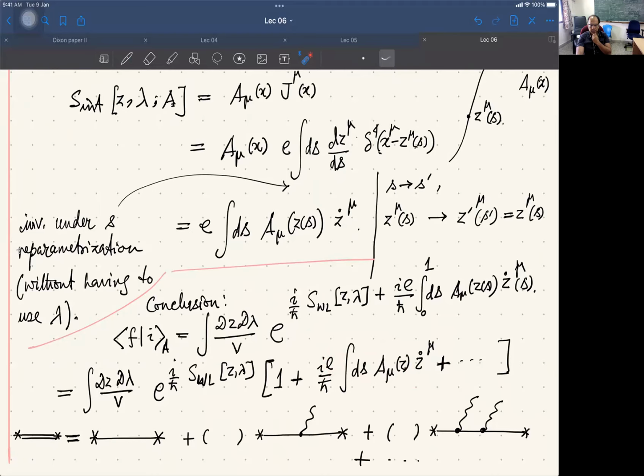Then only it can couple. You can always insert something like this in any worldline theory, but in order to do a physical interpretation of that, you interpret that particle to have a charge. Otherwise, why would it couple to a vector field like this?